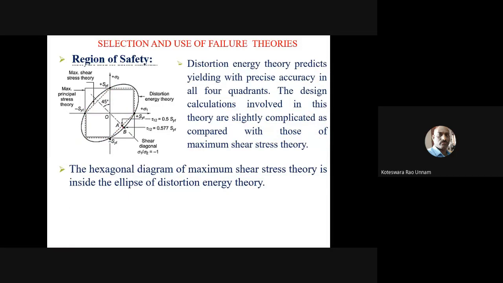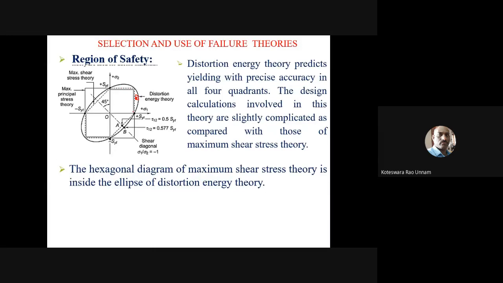The bounds of the maximum shear stress theory are within the ellipse only. So suppose I have a design point here. For this design point, the distortion energy theory will say that your design is safe, whereas the maximum normal stress theory and the maximum shear stress theory will say that the design is going to fail.